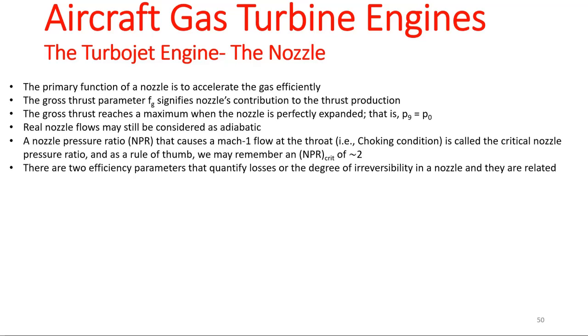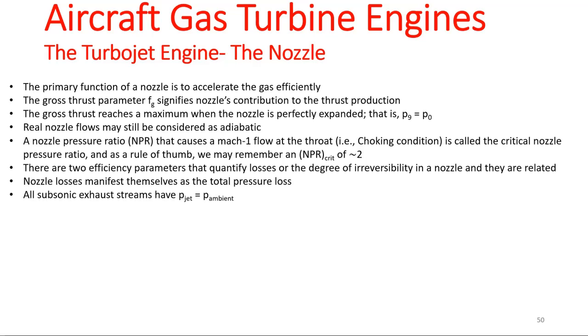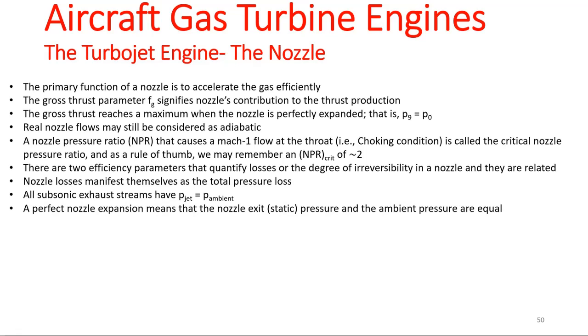and as a rule of thumb, we may remember that the critical pressure ratio is approximately 2. There are two efficiency parameters that quantify losses or degree of irreversibility in a nozzle, and they are pressure ratio and efficiency. The nozzle losses manifest themselves as the total pressure loss. All subsonic exhaust streams have P jet equal to P ambient.